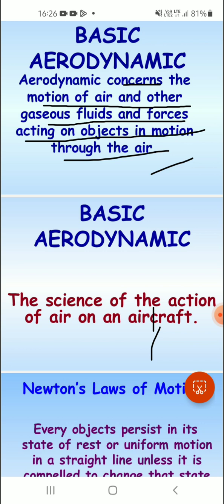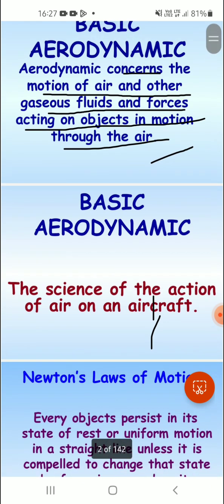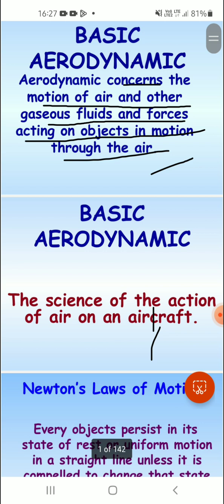Okay, so aerodynamics, what do you mean by aerodynamics? Aerodynamics is the motion of air and other gaseous fluids and forces acting on the objects in motion through the air. It means you will see the aeroplane flying through the air. In the aeroplane various forces are acting on it to fly.